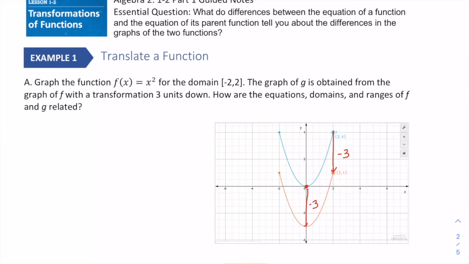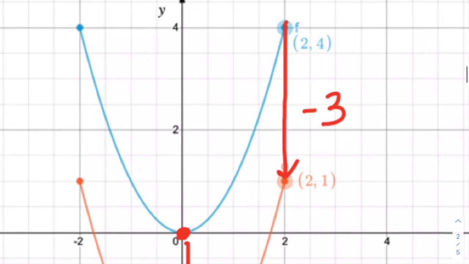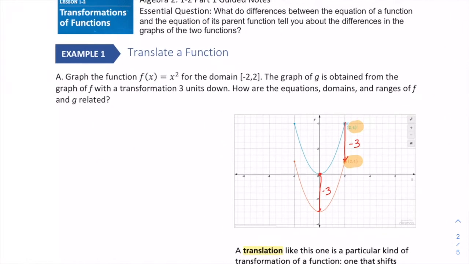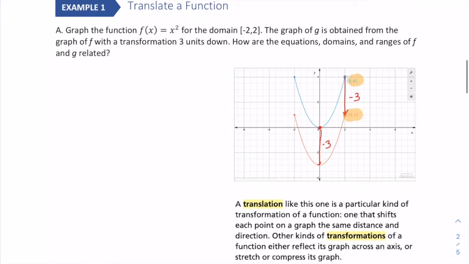But what changed in the graph? So the shift was down 3, but the points that are impacted are just the y's. That was 4, 2, 4. This is 2, 1. So we just subtract the 3 from the y. So when we subtract the 3 from the y, that's going to change the equation.